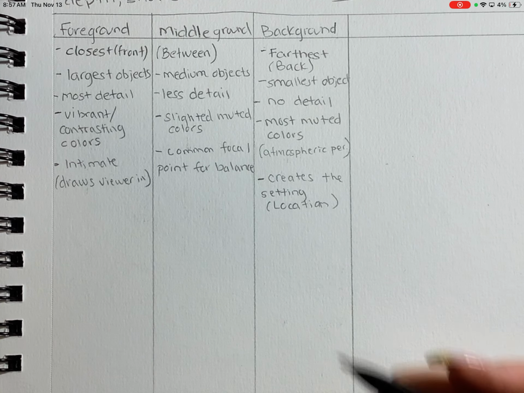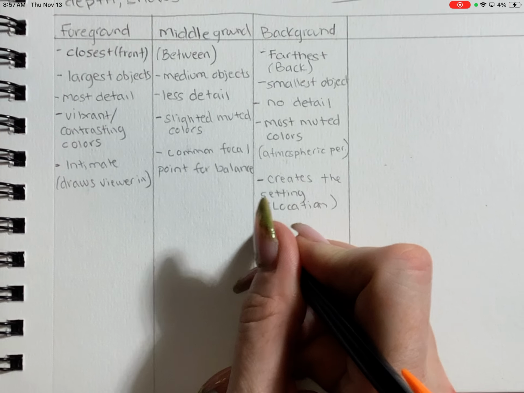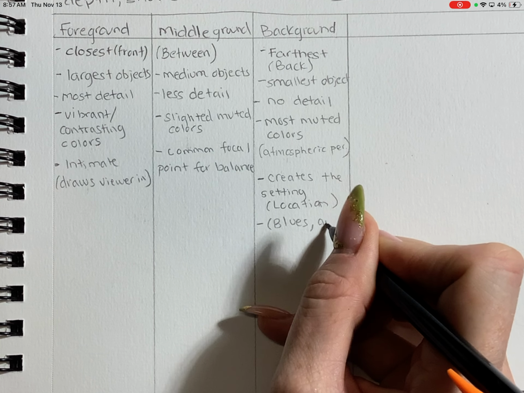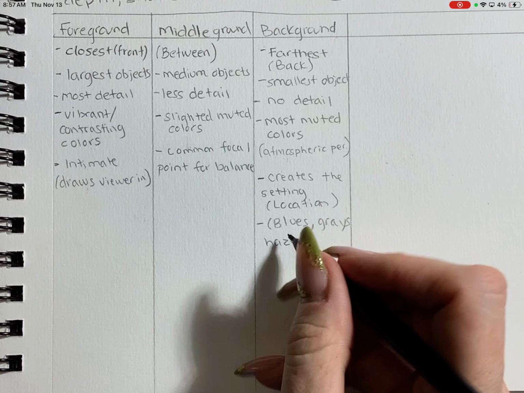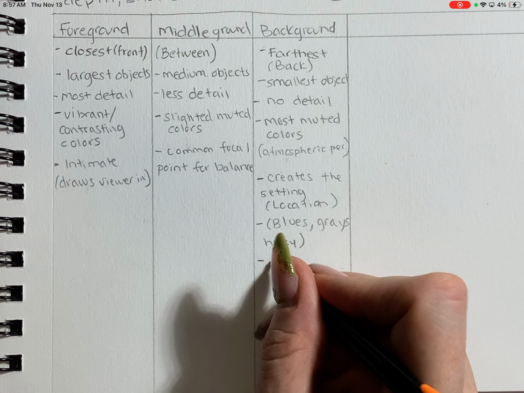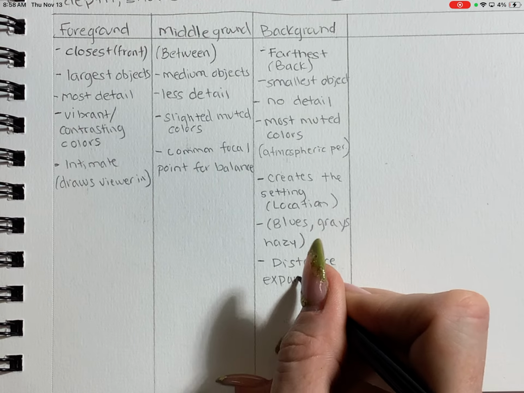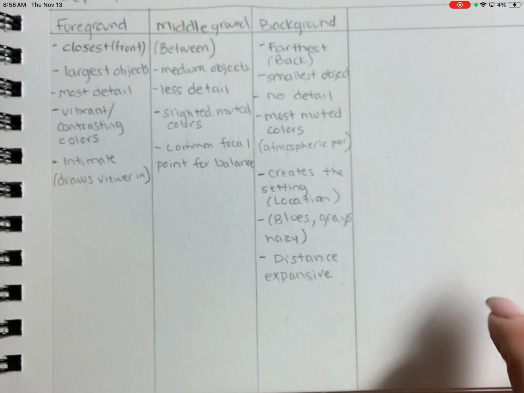Is it a foreign place? Is it out of this world? Right. This will have blues, grays, and it'll be hazy. The point of the background is to create distance and a sense of things being expansive. So wide, right? Expands across your page. And make sure you have a ruler for the next part, please.